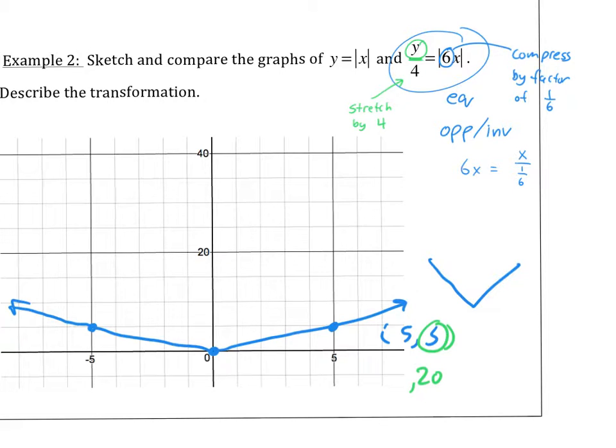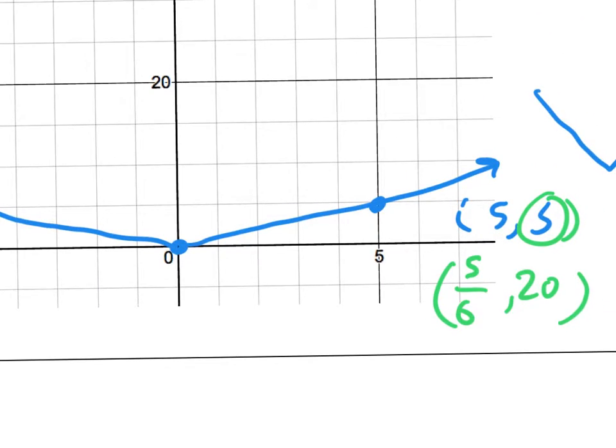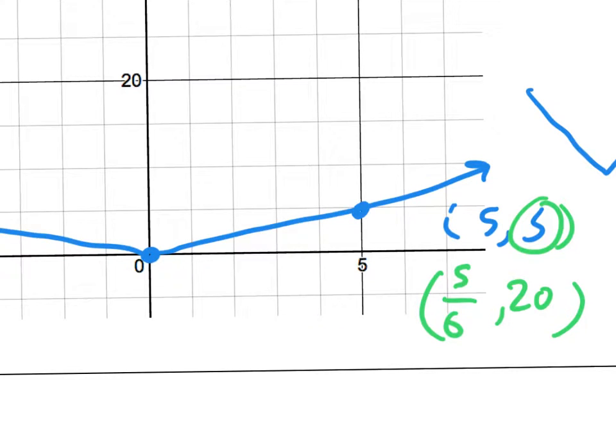So this one becomes 5/6, which is, again, going to be a little bit hard to graph because you have to estimate a little bit. But 5/6 is just about, here's 1, so here's 5/6, and that's all the way up to 20 right there. And the other one is over here, negative.